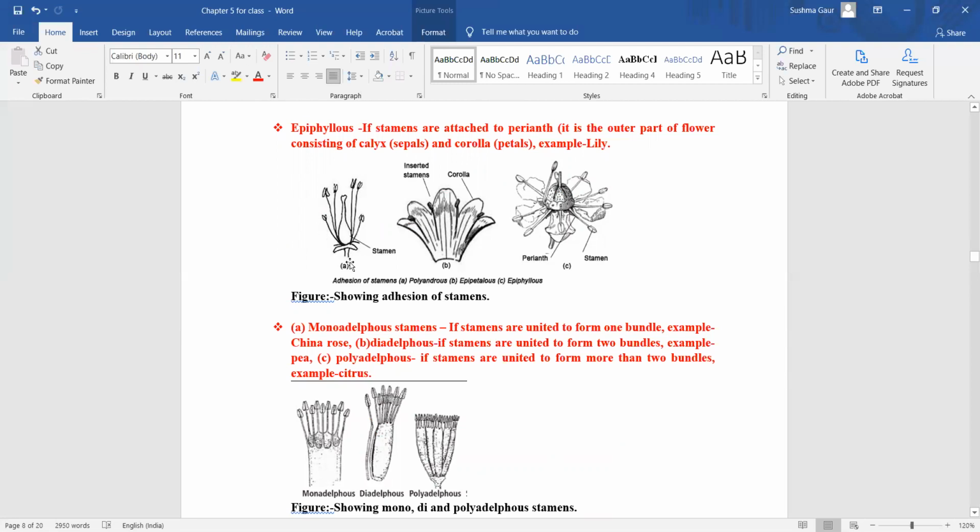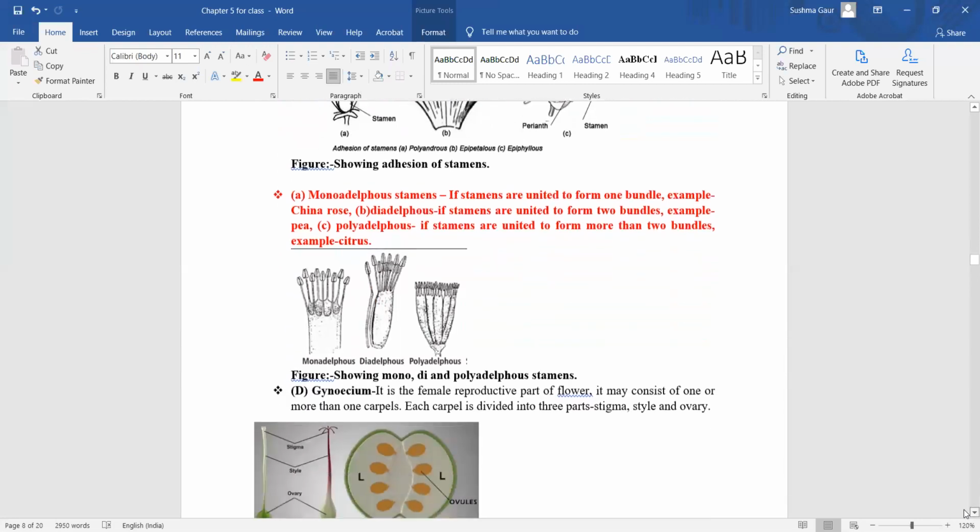They are not fused. The second is epipetalous, where the stamens are attached to petals. And epiphyllous, where it is not possible to distinguish. It is the flower of lily, where stamens remain attached to the perianth.